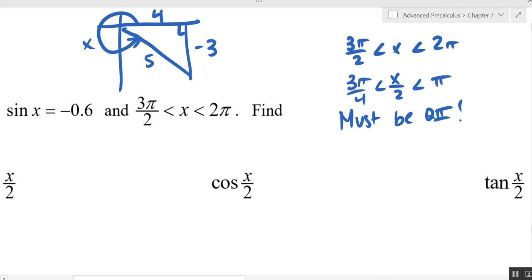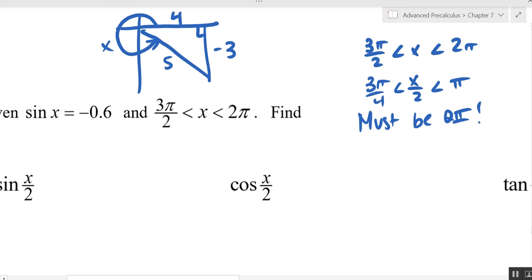So when we're evaluating this, I want to make sure we understand that this is x that we labeled, but we're evaluating the sine of x over 2, cosine of x over 2, and tangent of x over 2, which is half as big as this angle. So looking over here on the right, if x is between 3 pi over 2 and 2 pi because it's in the 4th quadrant, if we take half of that angle, dividing all 3 by 2, we get x over 2 has to be between 3 pi over 4 and pi.